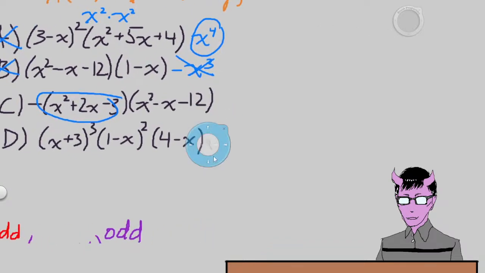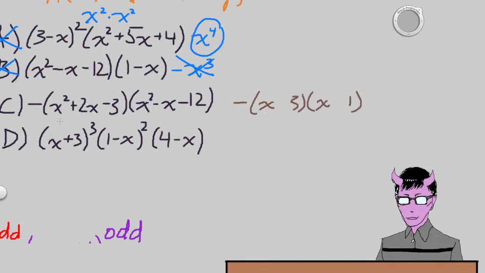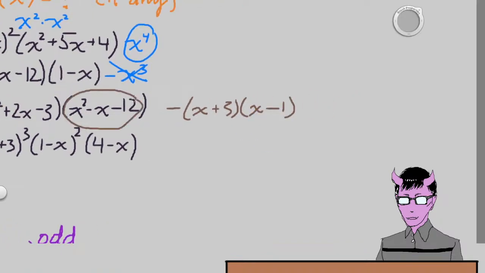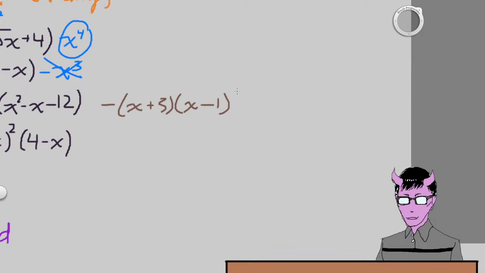So factorizing that, let me use a different color. Alright, so factorizing this one, we have a negative in front still, and then factors of 3 is just going to be 3 and 1. The larger of the two is positive, so this one is plus and this one's minus. And of course, factorizing this one as well, we just have a 3 and a 4.